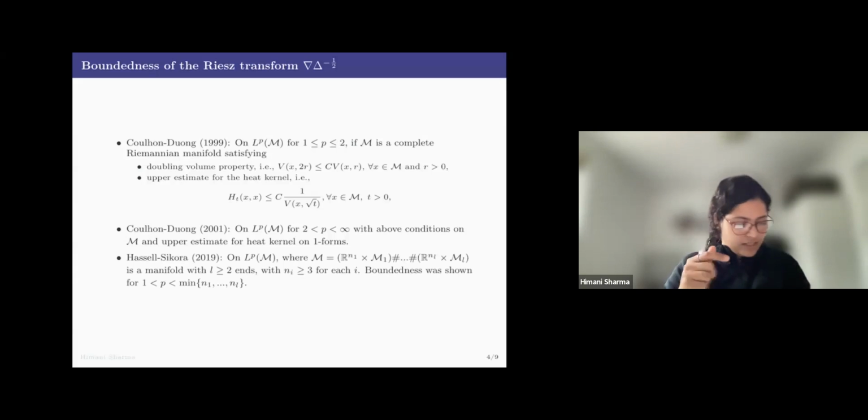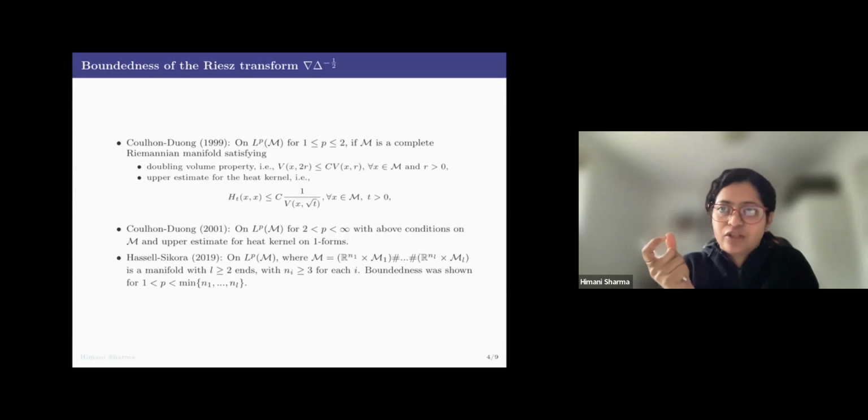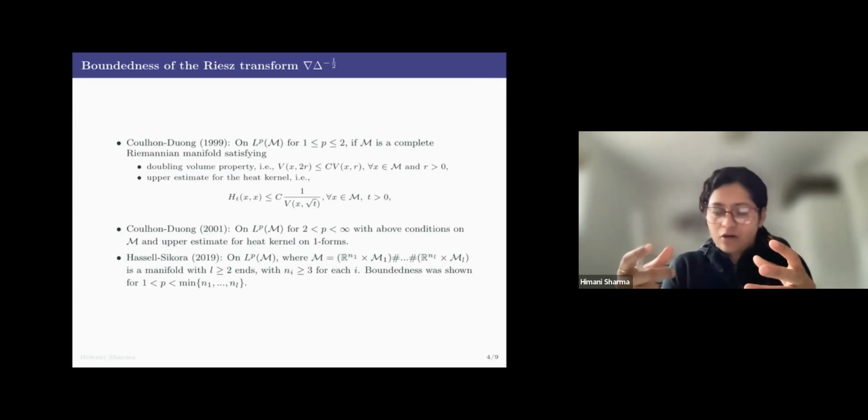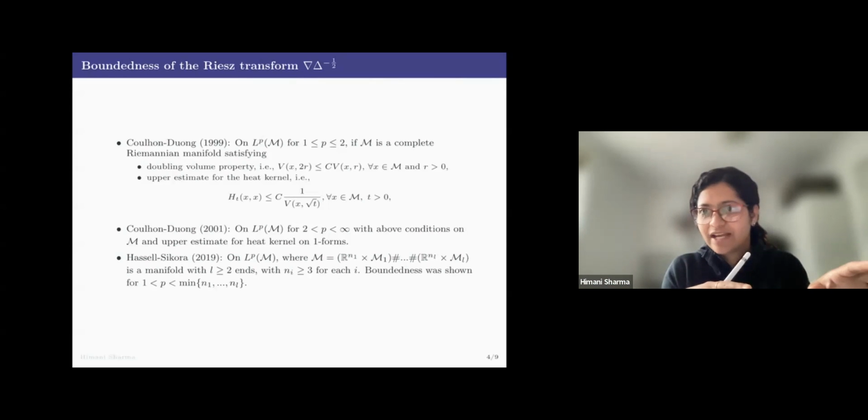But in 2019, Hassell and Sikora considered a special case of the non-doubling manifold, where they considered the manifold to be a connected sum of Euclidean spaces, of the form R^{n_i} cross M_i, where each of these M_i's is a compact manifold. This manifold is also called a manifold with ends. Here we have n_i's which are all greater than or equal to 2.